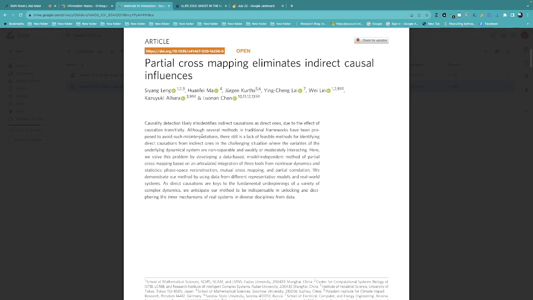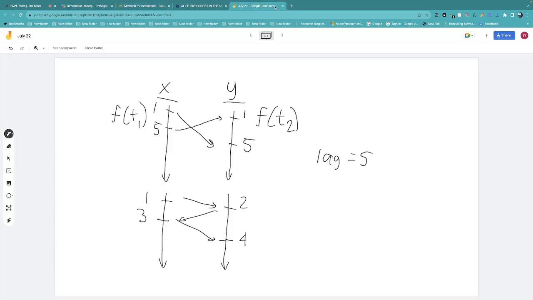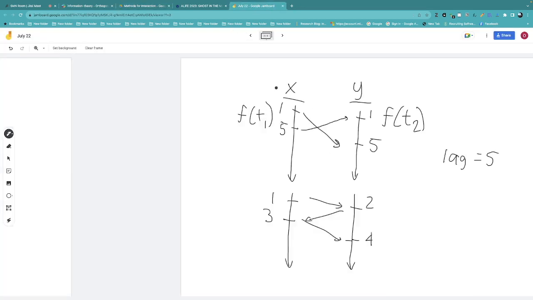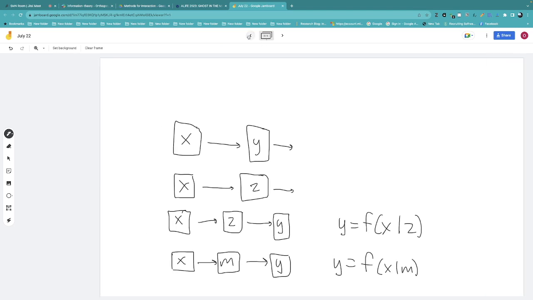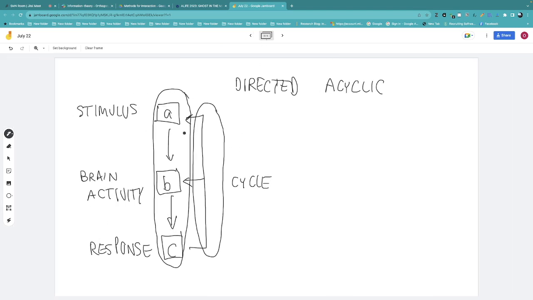Here again they're trying to address indirect causal influences and isolate the direct causal influences from them. Causality detection likely misidentifies indirect causations as direct ones due to the effect of causation transitivity, which is what we talked about in one of the other papers, where you order these in different ways and have feedback between the first one and the last one. This example is better.